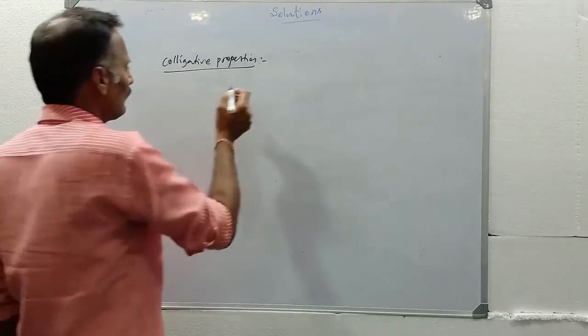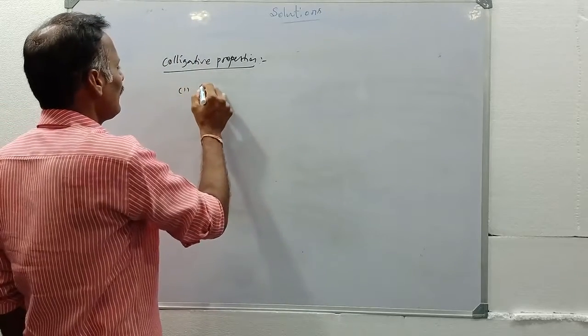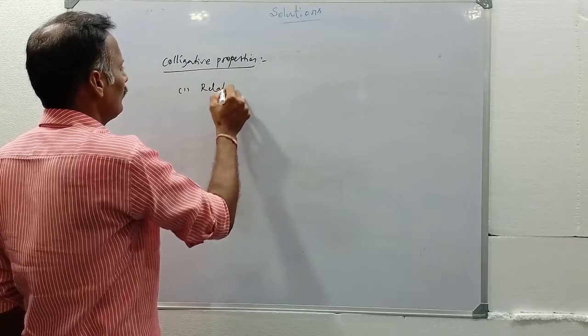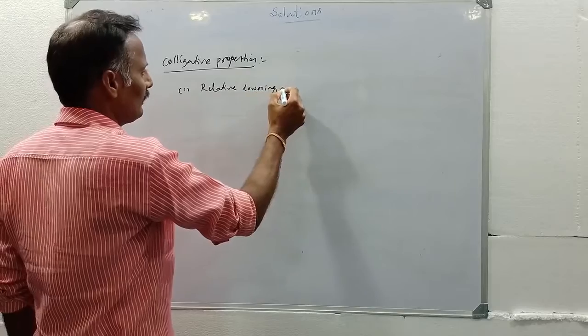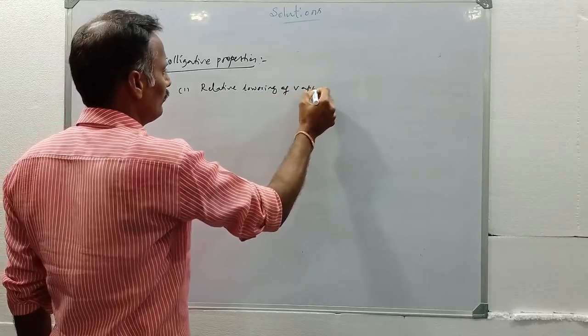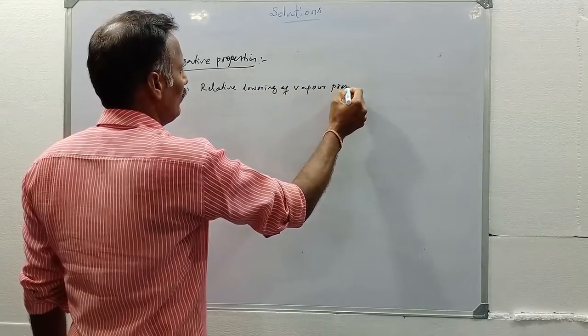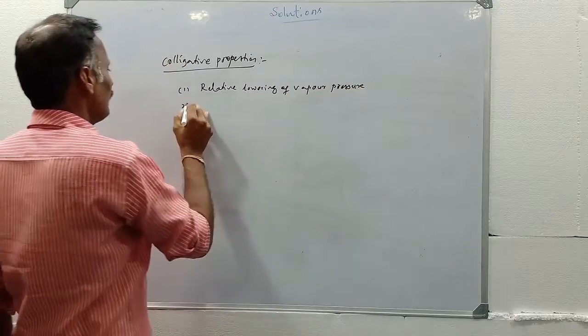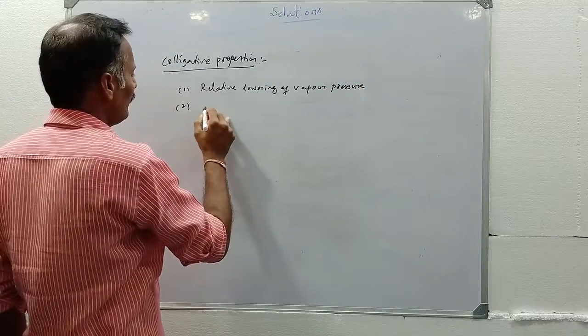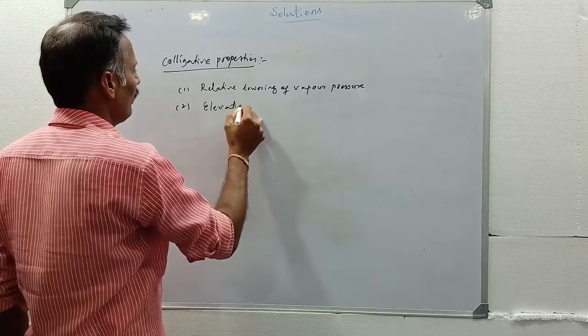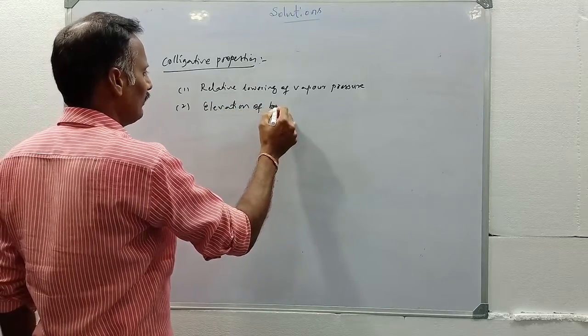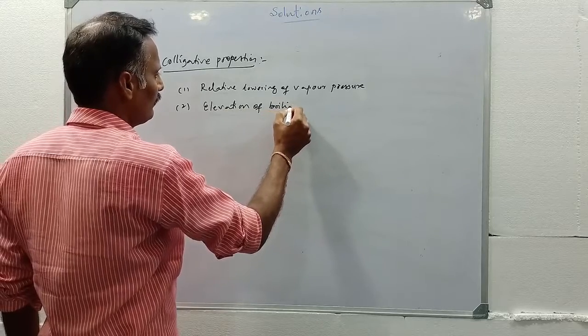One is relative lowering of vapor pressure. The second one is elevation of boiling point.